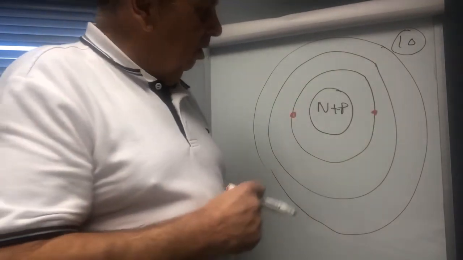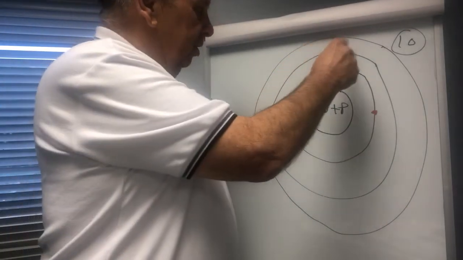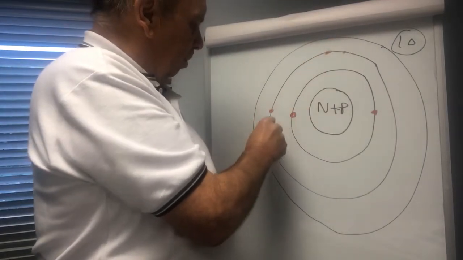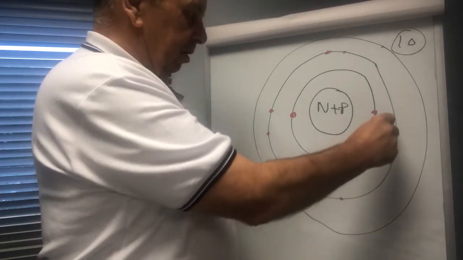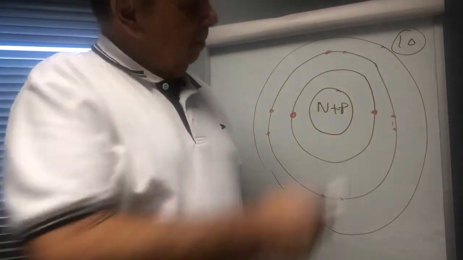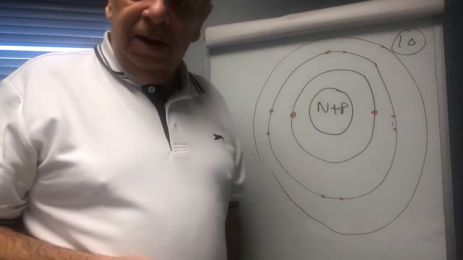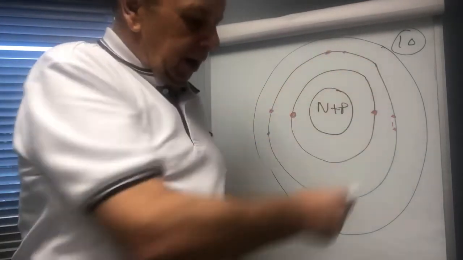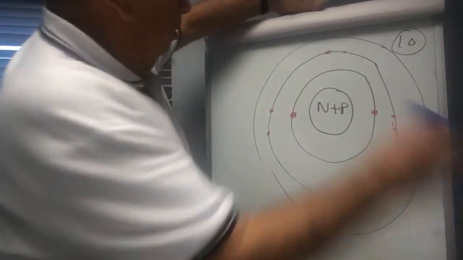It means that the next shell can contain 8 electrons, and to make it simple, let's draw them in pairs of electrons. So something with an atomic number of 10, its structure is 2, 8. Let's look at some more examples.